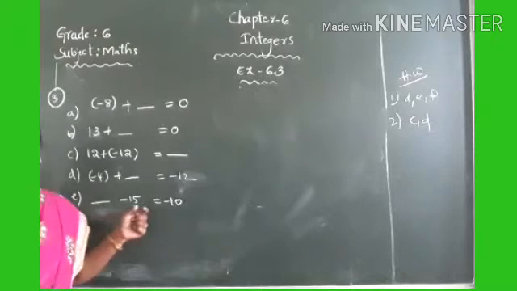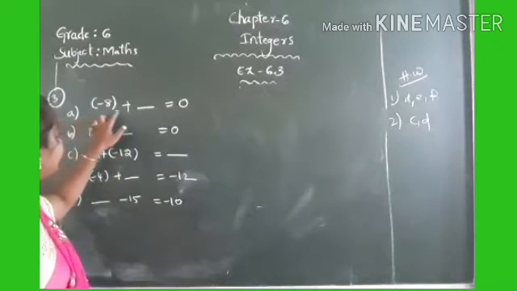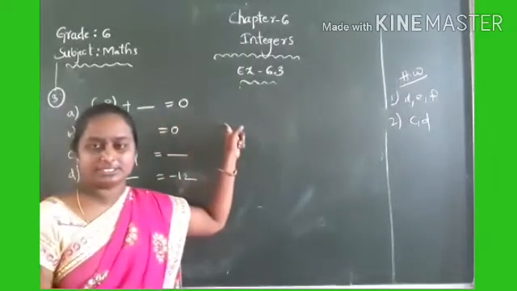Okay, children, so you have to fill this one. Minus 8 plus dash is equal to 0.